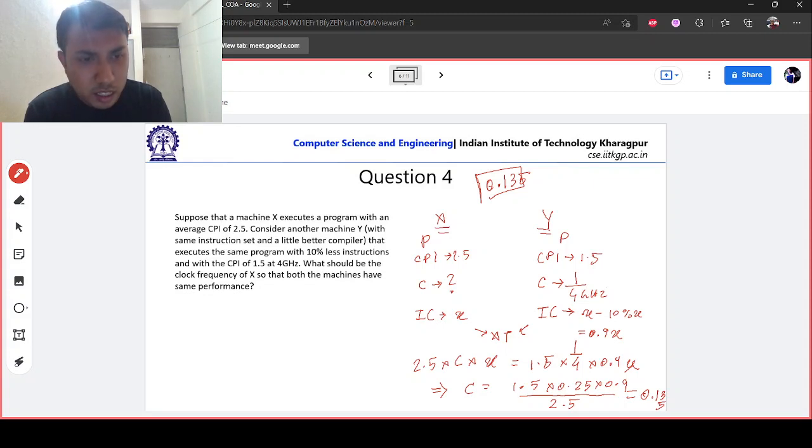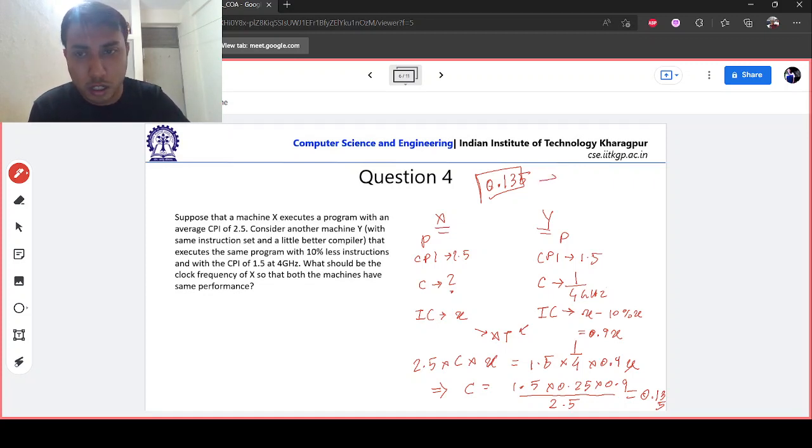Since the execution time of program P in X and Y are the same, this will be the equation. The execution time in X equals the execution time in Y. So we will find the clock cycle will be 0.135.